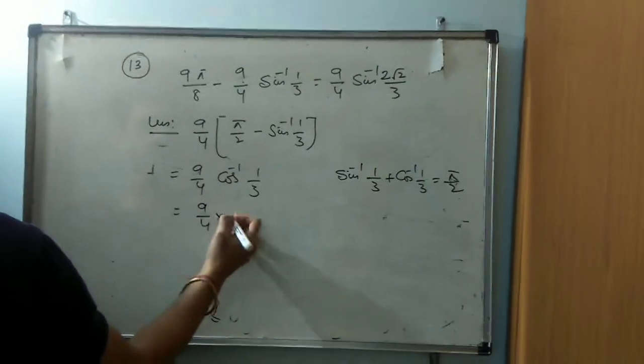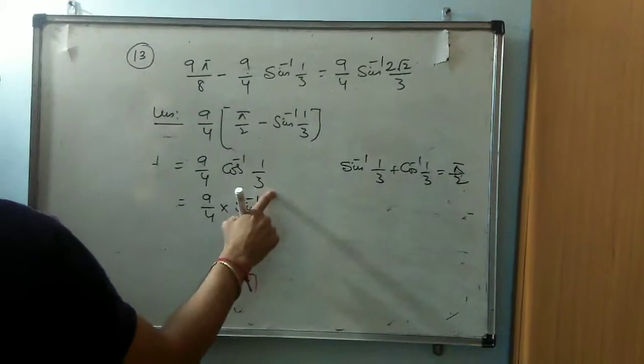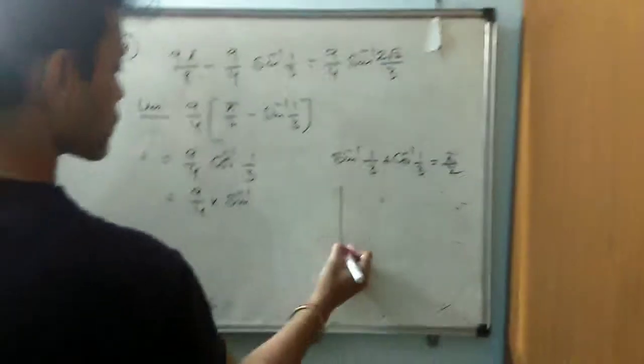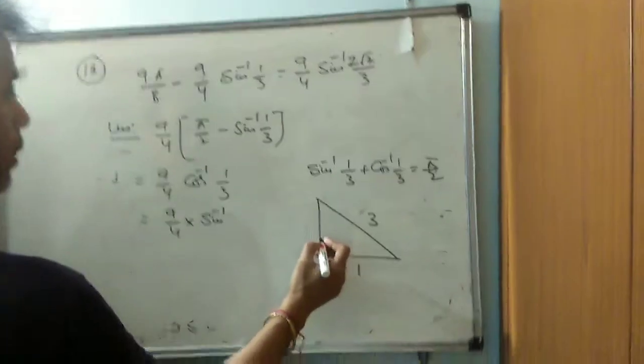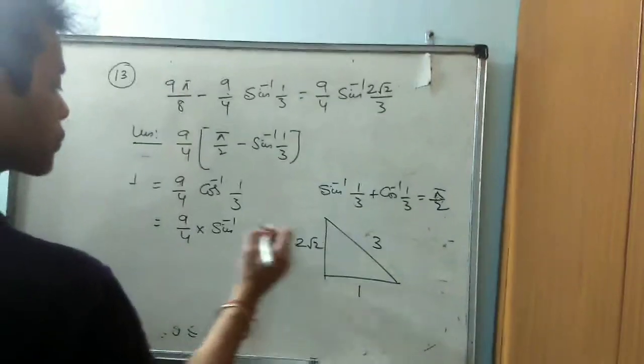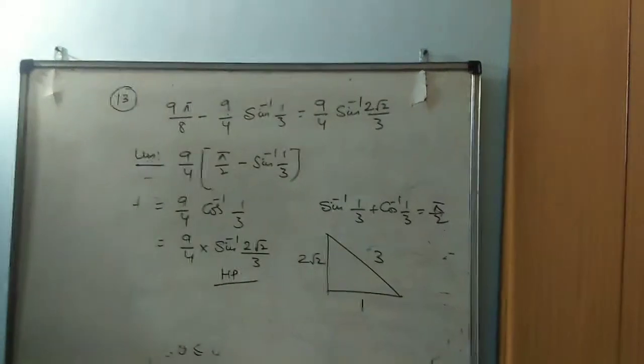Now to express this one in the form of sine inverse, this is base upon hypotenuse, we need perpendicular, and base is 1, hypotenuse is 3. Applying Pythagoras, it becomes 2 root 2. So this way you obtain the right answer. Next one.